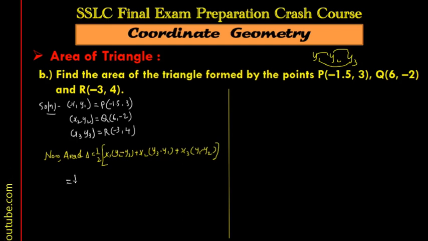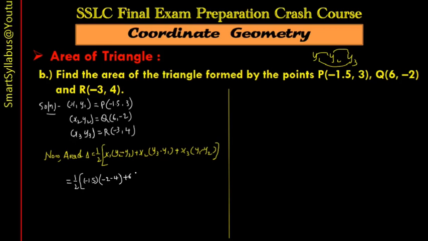So that's equal to half. Now x1 is minus 1.5. Again inside the bracket we have y2 minus y3, in the sense it is minus 2 minus 4, plus x2 is 6.